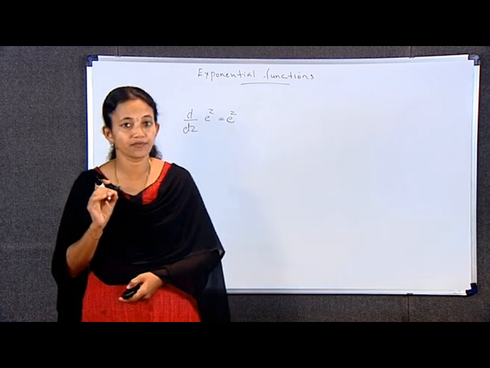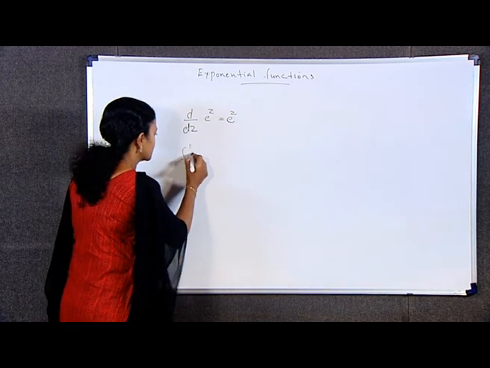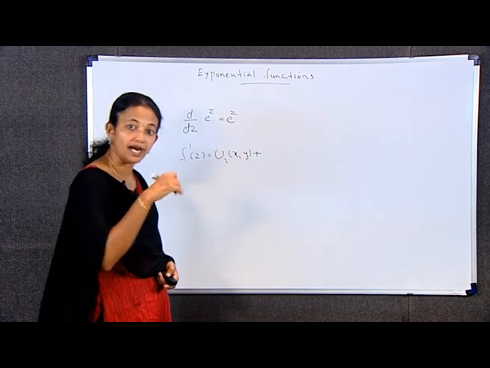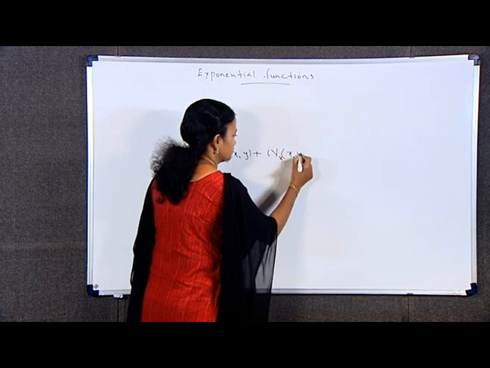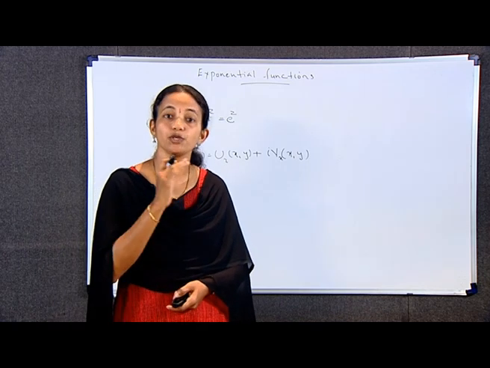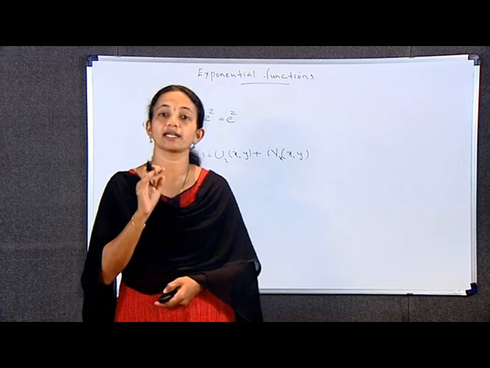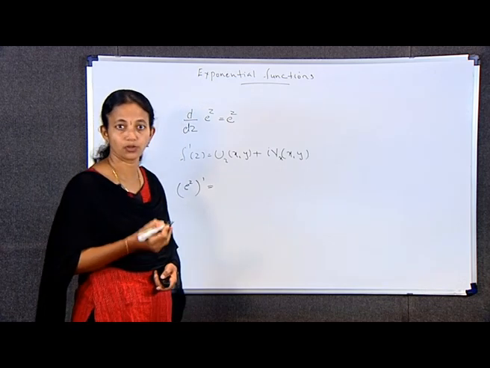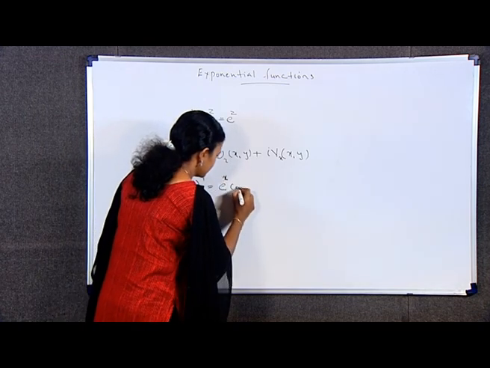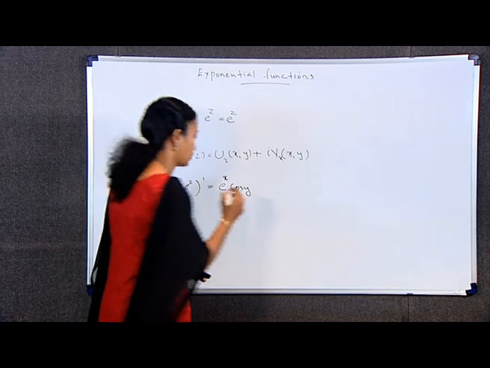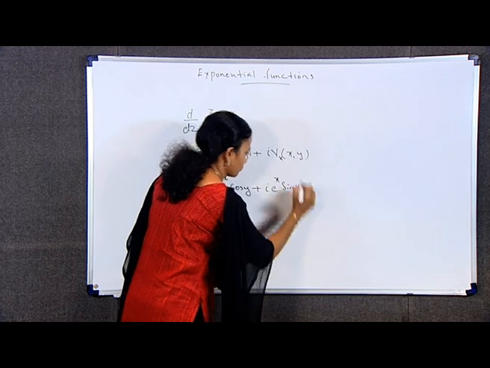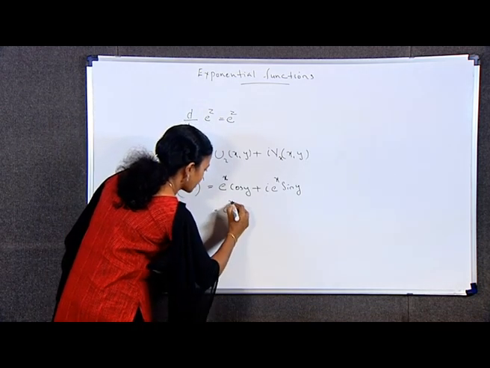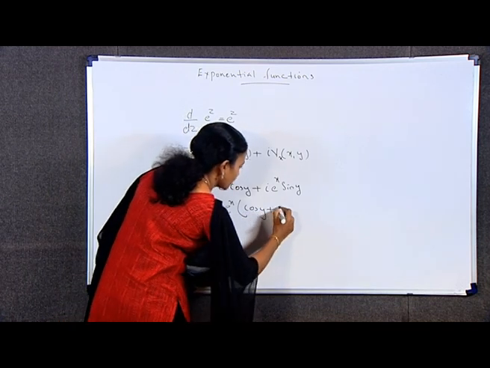Also, since e raised to z is differentiable, using the formula f dash of z is equal to u x plus i v x for the derivative, with u equal to e raised to x cos y and v equal to e raised to x sin y, we obtain e raised to z dash is equal to e raised to x cos y plus i e raised to x sin y, which we can write as e raised to x into cos y plus i sin y, taking e raised to x outside.